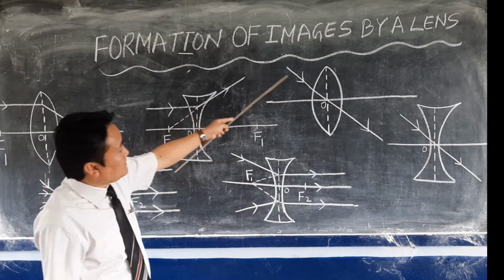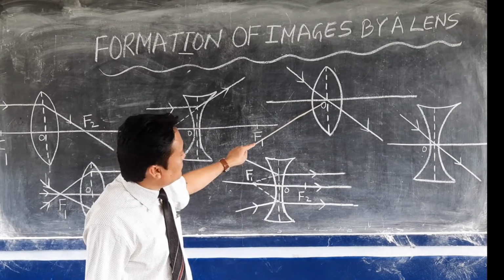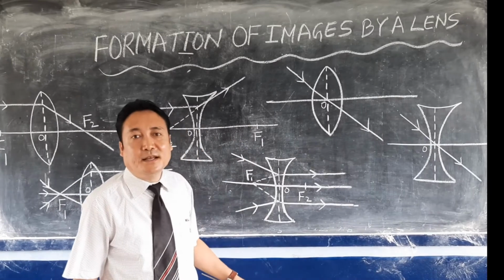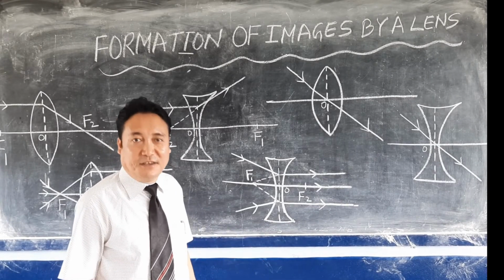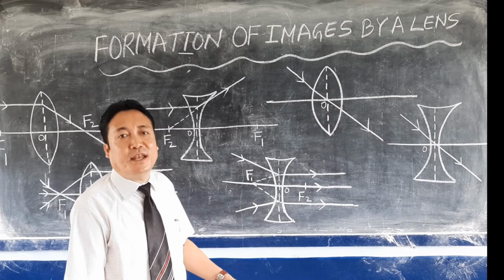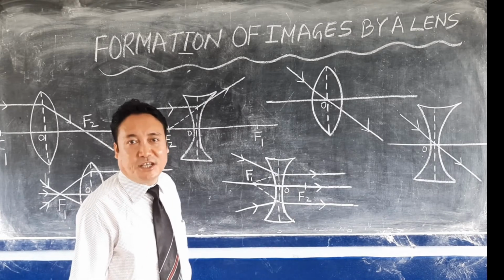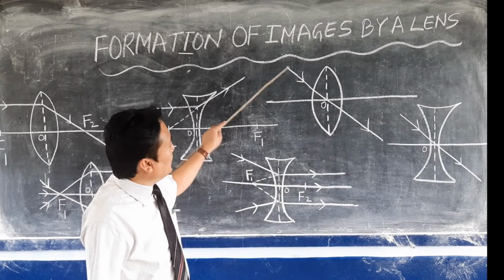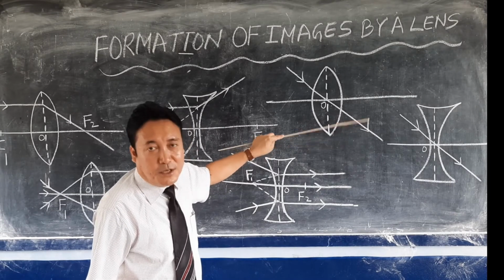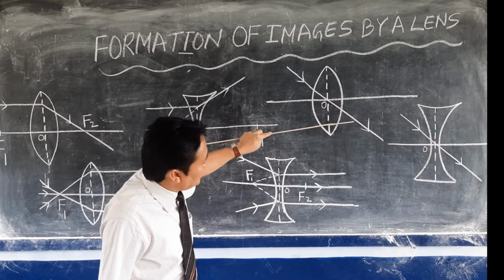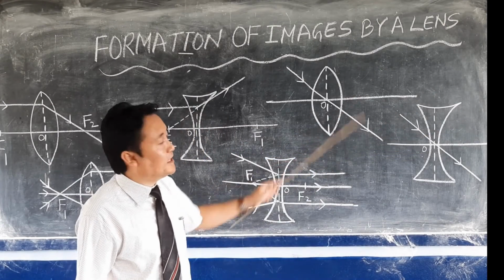Second, when the ray of light passes through the optical center, it emerges out without any deviation. There is no change in the path or direction of the ray of light, both in a convex lens as well as in a concave lens. So this is the second condition.